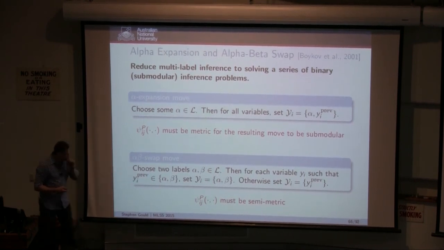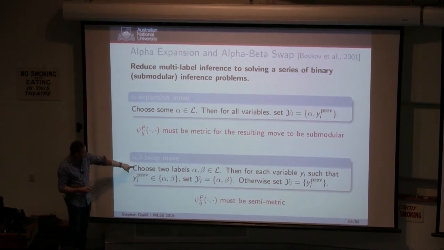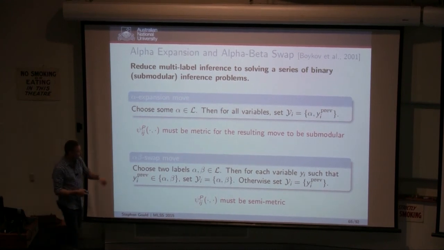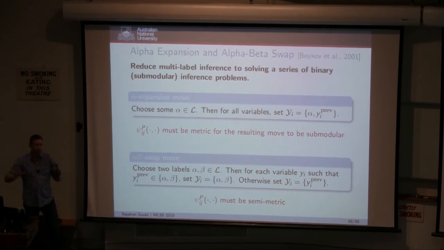The other variant is known as alpha-beta swap, and in alpha-beta swap, what you do is you choose two labels, alpha and beta. Okay, so I'd say, for this particular move, I'm only going to consider sky and grass. Then for every variable which is either currently labeled as sky or grass, I'm going to allow it to either keep its labeling or switch to the other label.